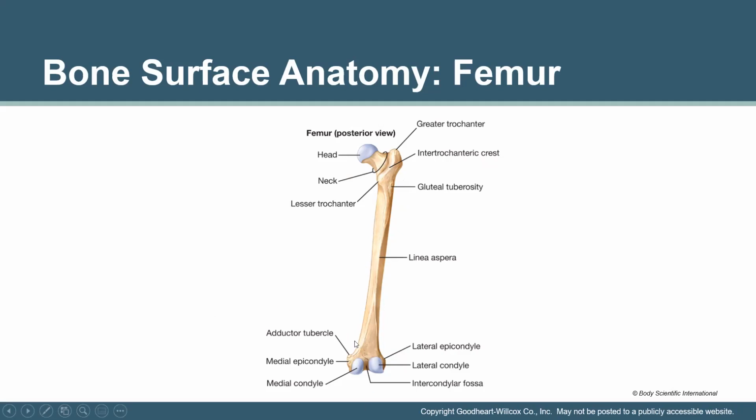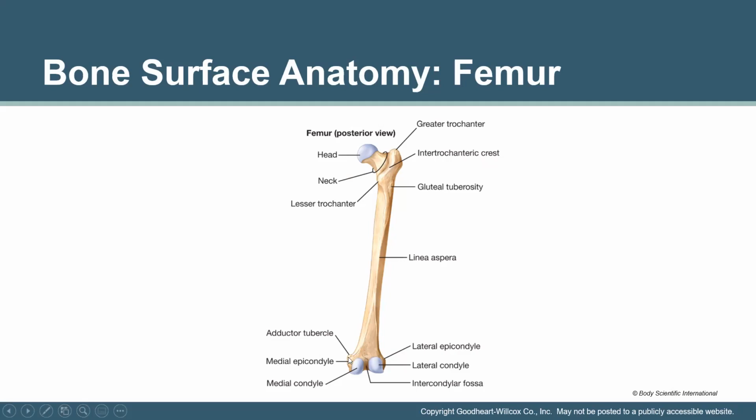If we look at the more distal end of this femur, again, we're looking at it from the posterior view. This would be someone's right upper thigh bone. On the medial aspect, some things that we'll notice, something called an adductor tubercle. The tubercle, again, is a small rounded process. Then we have what's called a medial epicondyle.